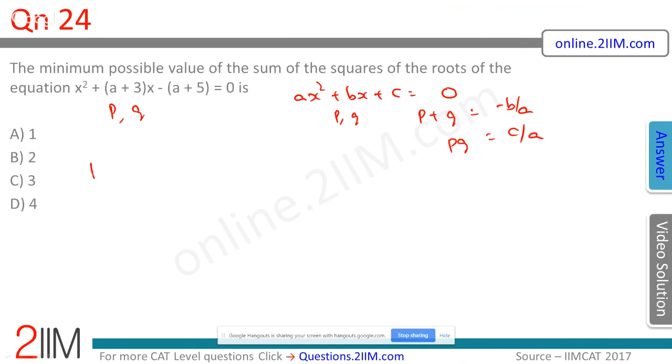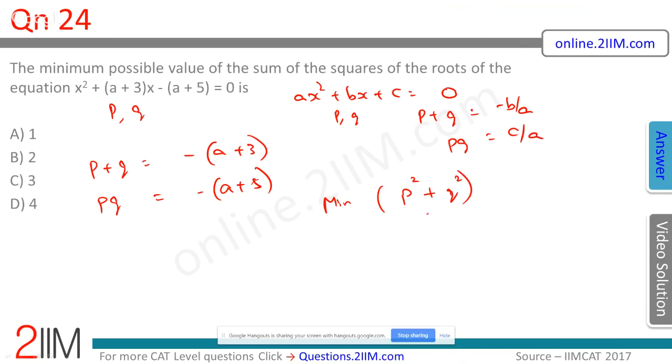For our equation, P plus Q is minus of a plus 3, and P into Q is minus of a plus 5. We want to find the minimum value of P square plus Q square. I want to write this in terms of P plus Q and PQ. That's what I know.